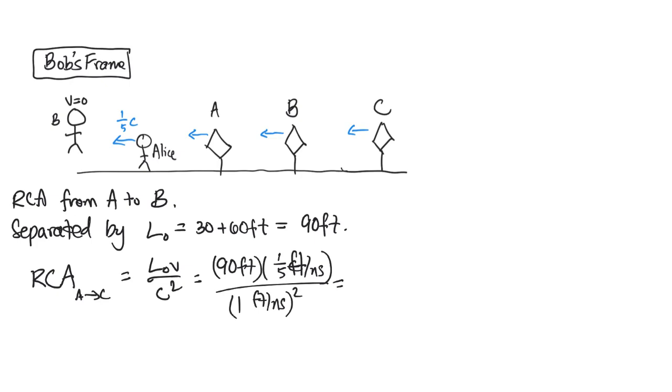And we have 90 over 5 is 18 nanoseconds. Okay, so clock C should be bigger in its reading than clock A by 18 nanoseconds.